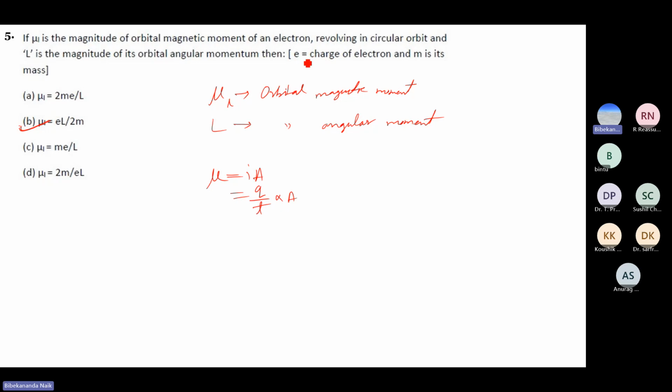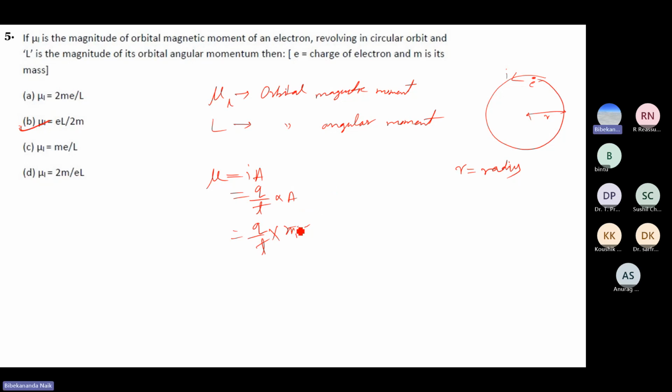So here the electron is revolving around in a circular orbit. Suppose this is a circular orbit, it has radius R and an electron is revolving. So there is a current I. So mu will be I into A.